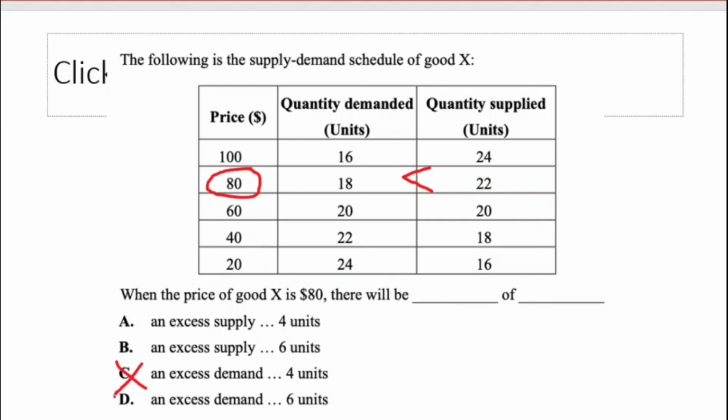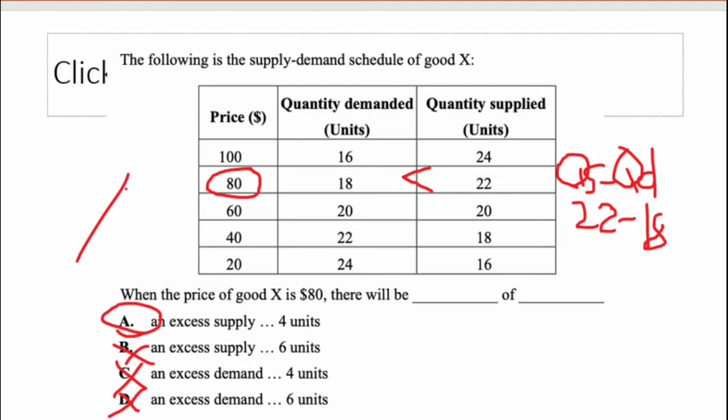So we need to X this, C, and D. And how do we know if it's 4 or 6? You just follow the formula for the surplus, which is the other term for an excess supply. So quantity supplied minus quantity demanded, 22 minus 18, that's 4. Yay! That is the answer. We'll choose letter A.